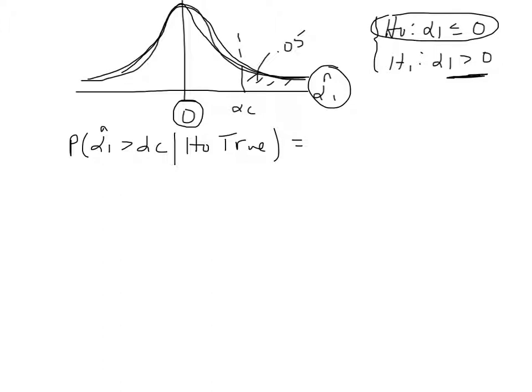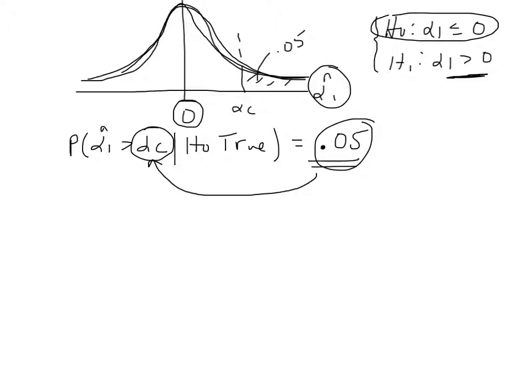It might be 0.01. If we want to be a little more lenient in our test, we might pick a little bit bigger number like 0.05. But the bottom line is we first pick the probability of a type 1 error and then we use that to infer or choose the appropriate critical value that will give us that particular probability of a type 1 error. Okay? That's the situation that we've got going so far.